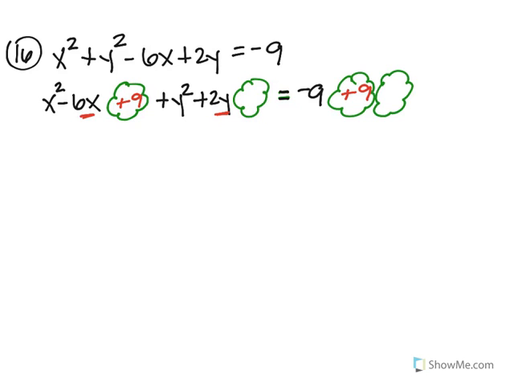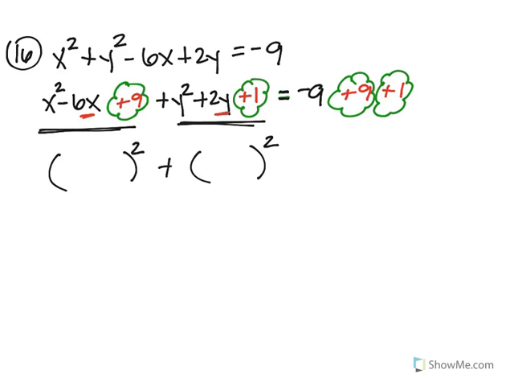Do the same thing with 2. Half of 2 is 1. 1 squared is still 1. So you put +1 on both sides. So we're going to do a parenthesis squared for both the x and the y.